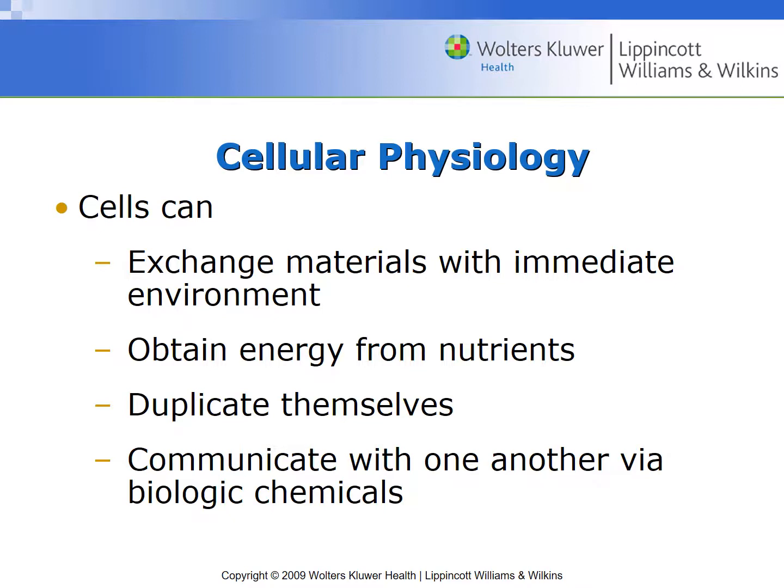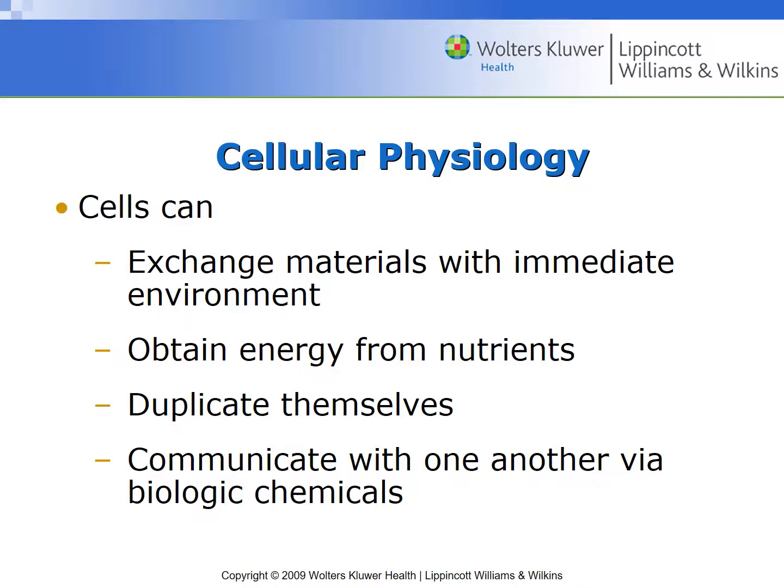So, continuing on with a little bit of physiology on the cells, we know that they can exchange materials with the immediate environment, and they get energy from nutrients, and they can duplicate themselves, and they definitely communicate with one another via biological chemicals, and that's a pretty cool concept.